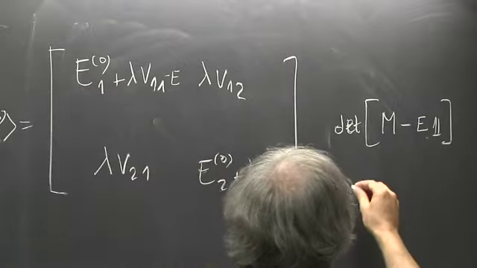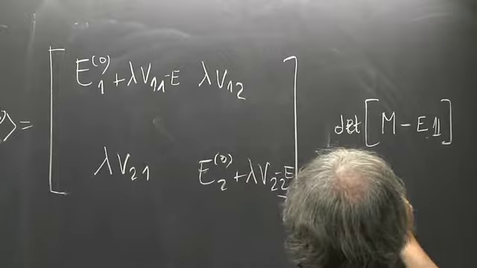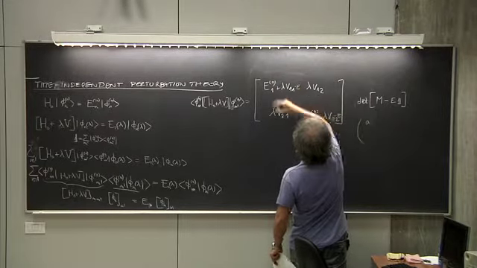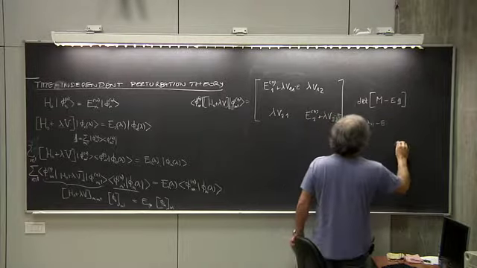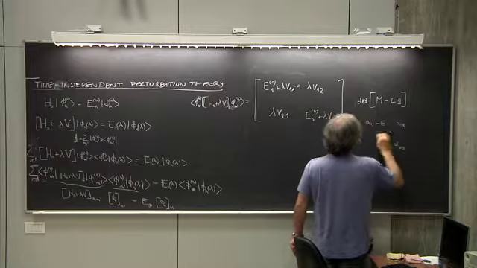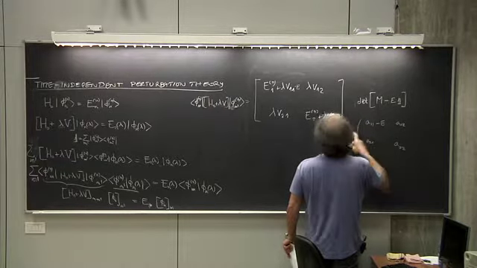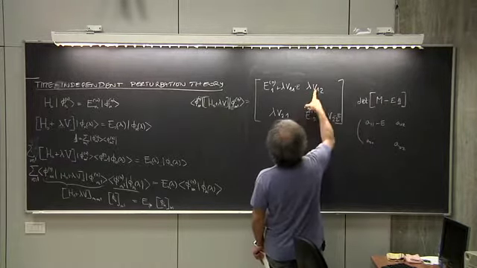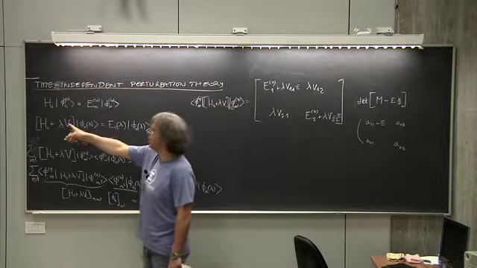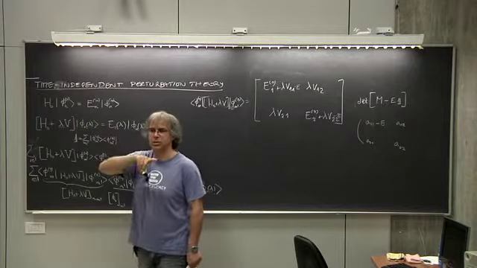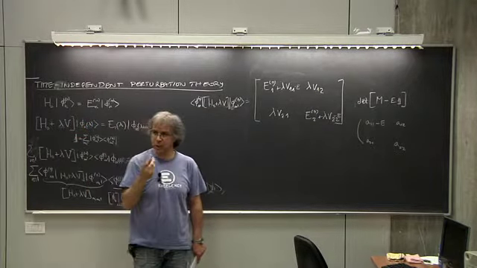Just to simplify, let me call this A11. This is A22. This is A12, and this is A21, which is, by the way, the star of that, because this operator is Hermitian, and therefore the matrix element of the transpose is equal to the star.